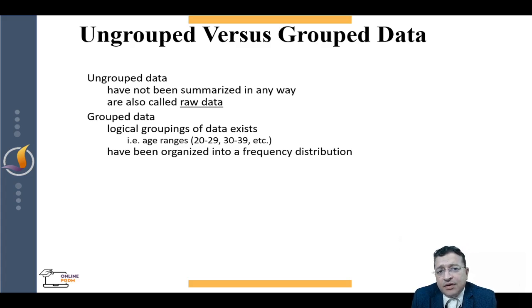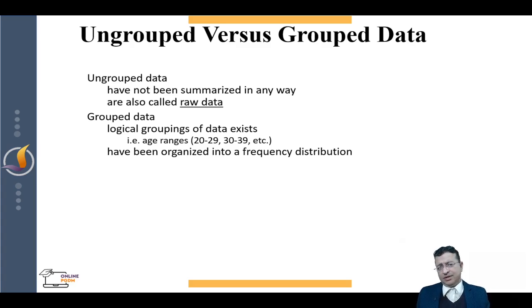Then if you arrange that data in some way, so that similar observations are grouped into one category, it may be some characteristic. For example, if data is related to age, I can make categories as per the age, for example 20 to 30, 30 to 40 and so on.